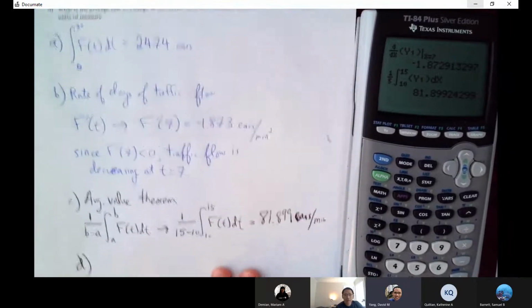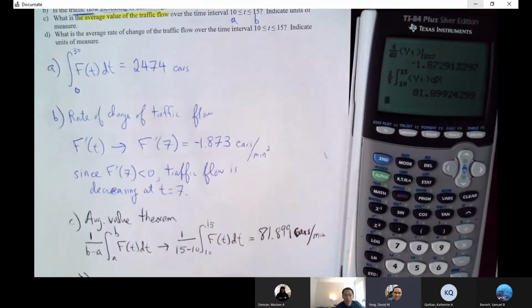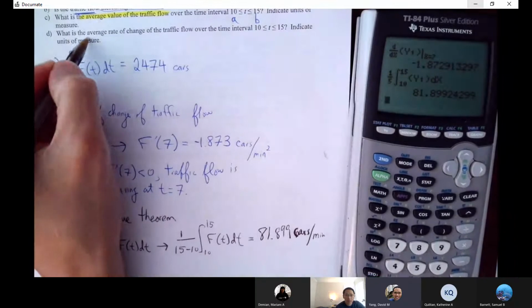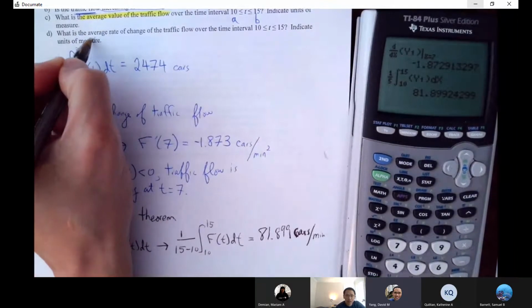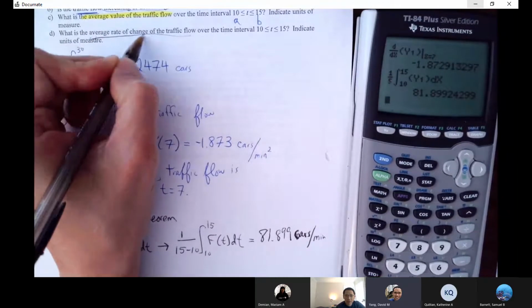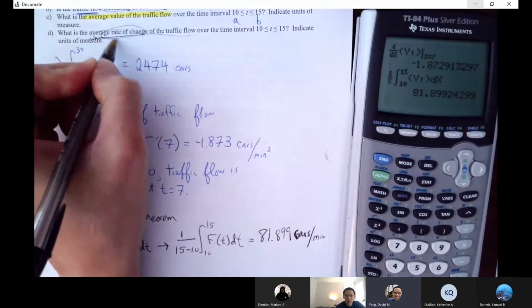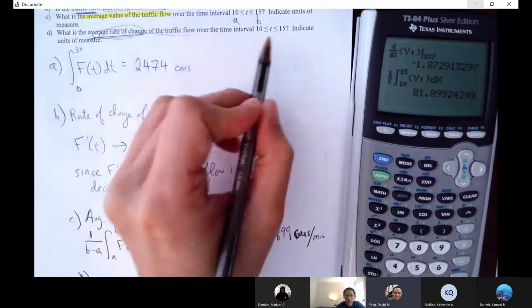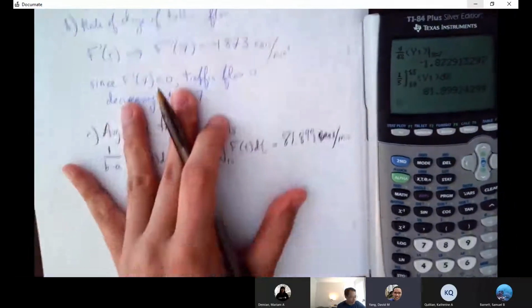All right, part D. What is the average rate of change of the traffic flow? Now it's not the same, right? Average rate of change is different from average value of the traffic flow. Average rate of change is just asking for slope. What is the slope of the traffic flow between 10 and 15?